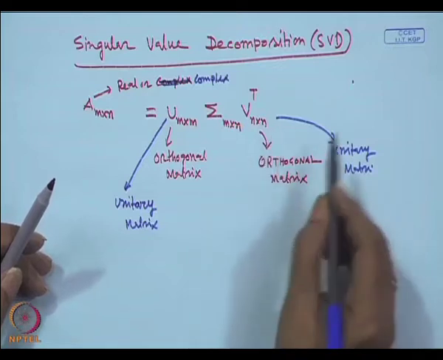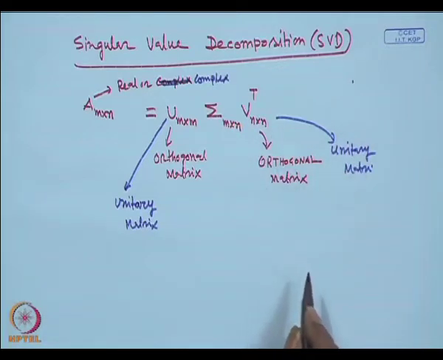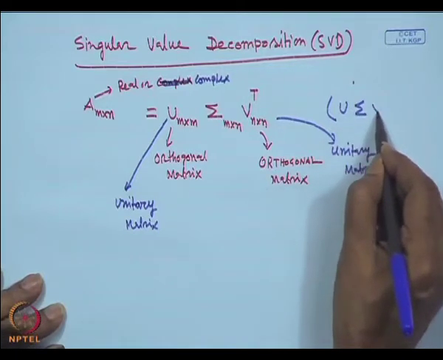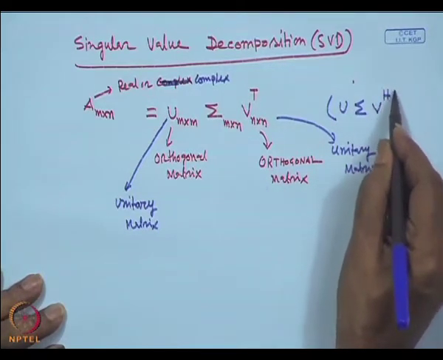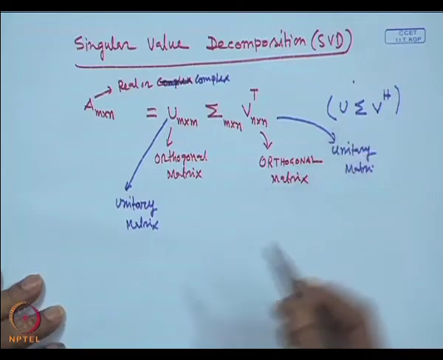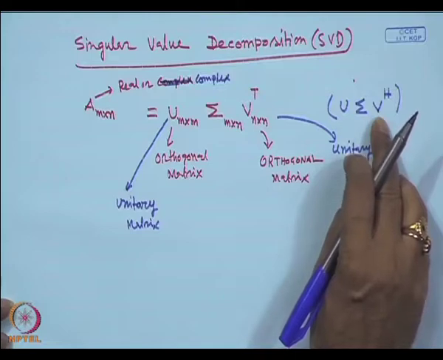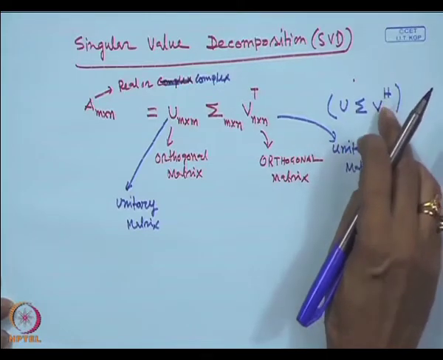In that case we have to write U sigma V h, and V h is the unitary matrix. This indicates V is complex, conjugate then transpose.